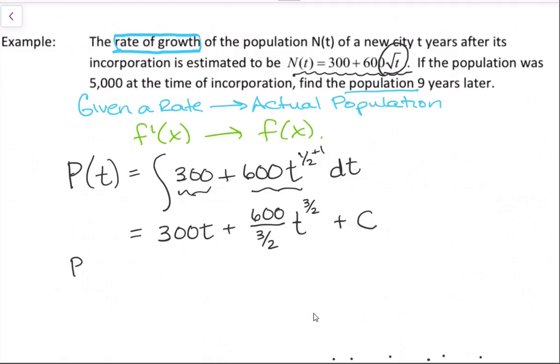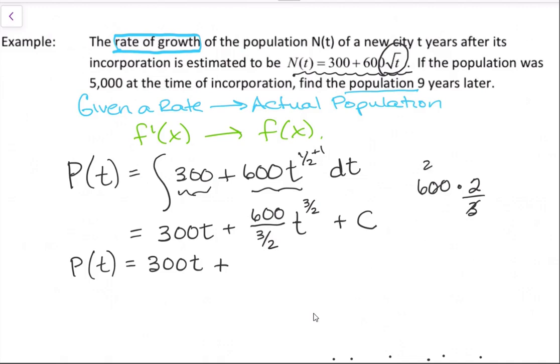So we're going to have an overall population function that is 300t plus, let's see, 600 divided by 3/2 is the same as 600 times 2/3.